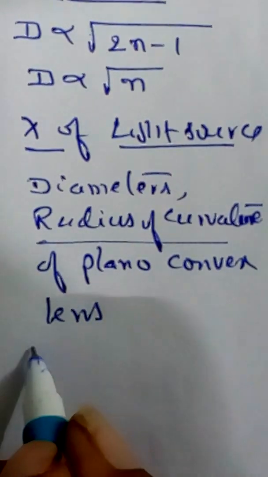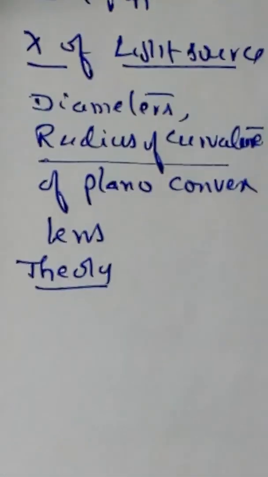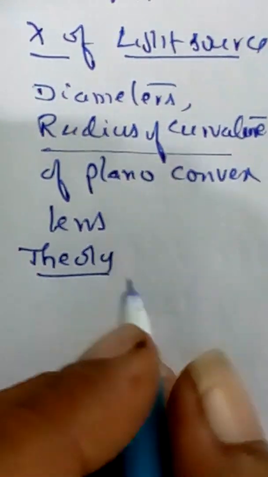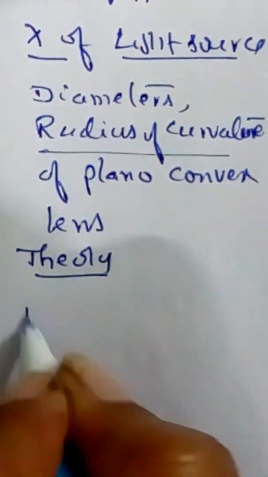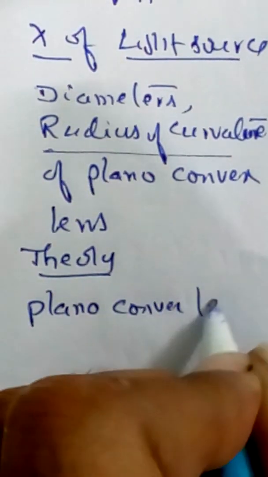So how do we do that? There is a little bit of theory to be understood. So let us discuss this theory. Let us say I have taken a plano-convex lens.